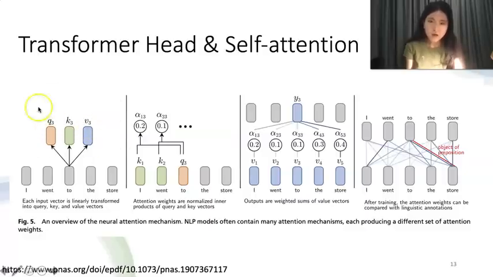So let's see how these 3 attributes are actually used in the so-called self-attention. Just keep in mind that each word is further converted to 3 parts, like 3 attributes associated with it. Now let's look at this "to" here. It queries its left words in the context. What does it want to query about?